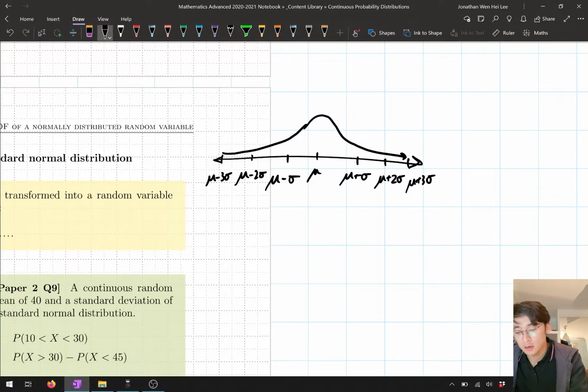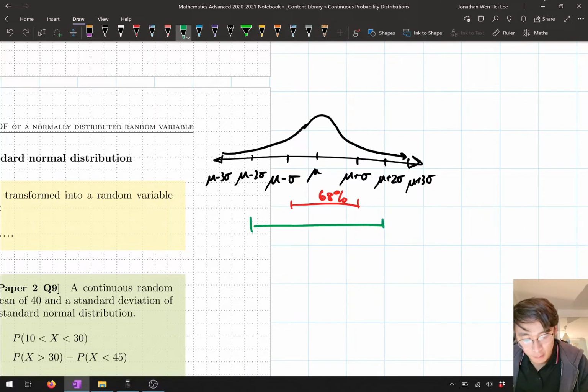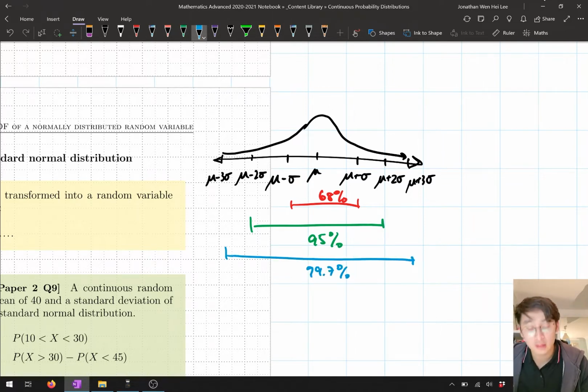There was a pattern where 68% of the scores were between 1 standard deviation above and below, 95% were between 2 standard deviations above or below, and 99.7% were between 3 standard deviations above and below our mean.